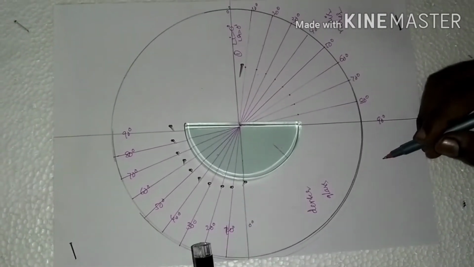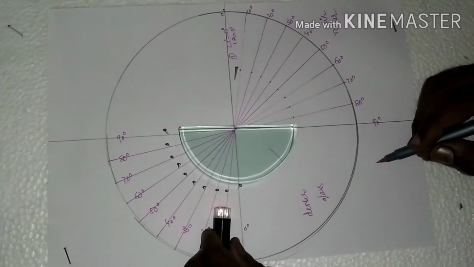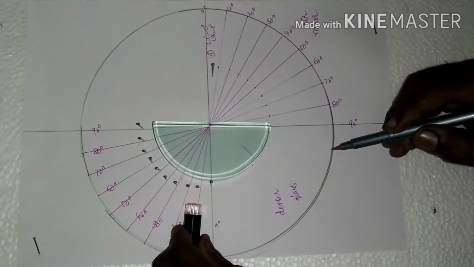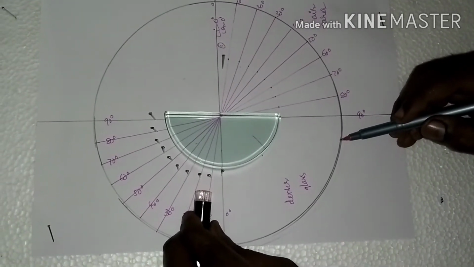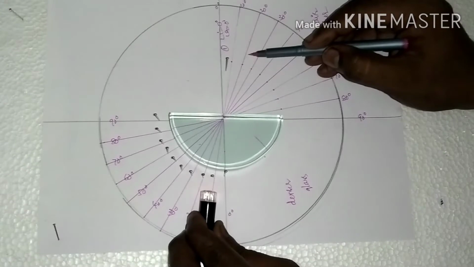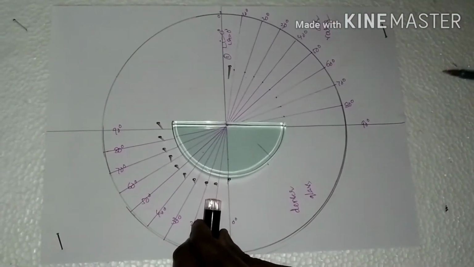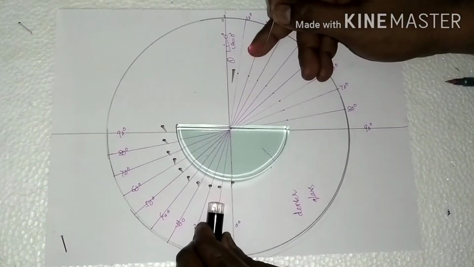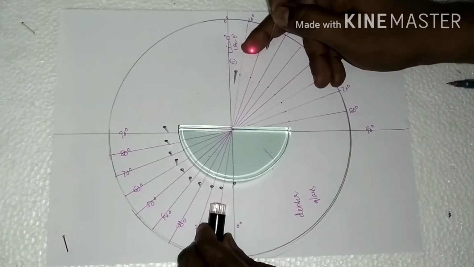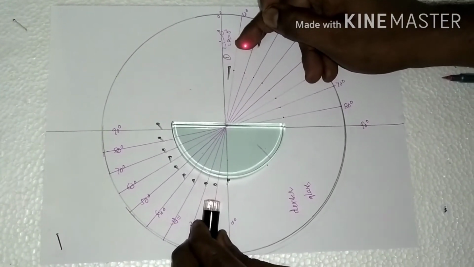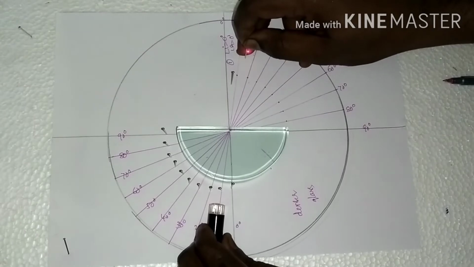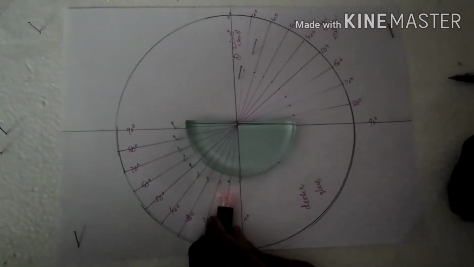Now, we are going to move to an angle of 20 degrees. When the laser light is passing at an angle of 20 degrees, we can observe the direction of the laser light at a certain angle. See here, the laser light is falling on my finger here. So at that particular point, I am going to put the pin.